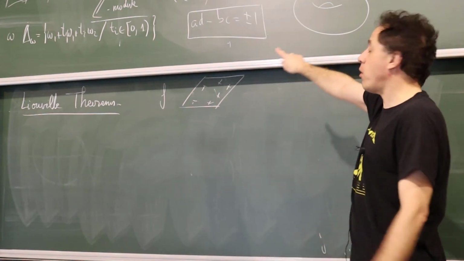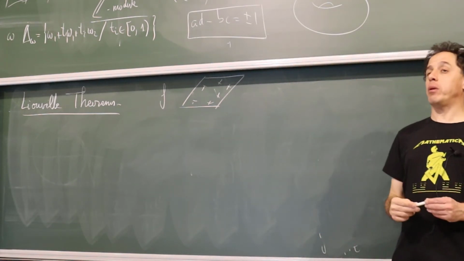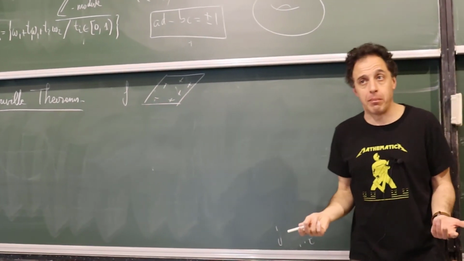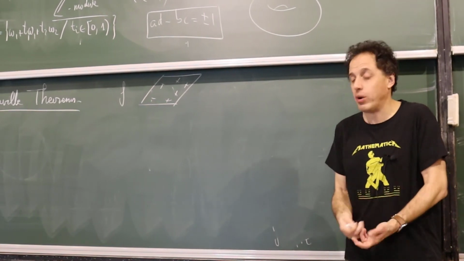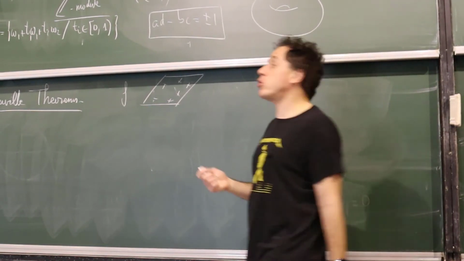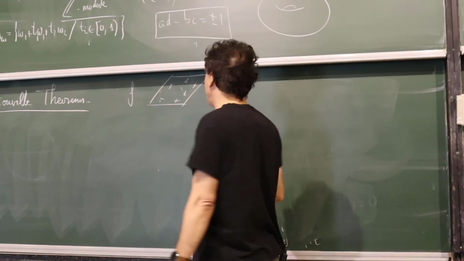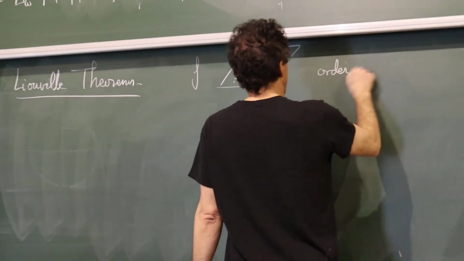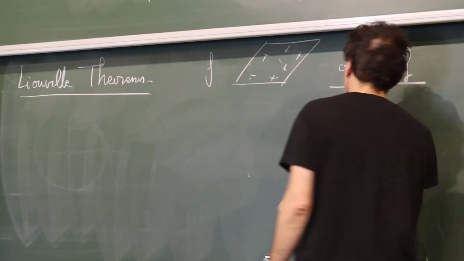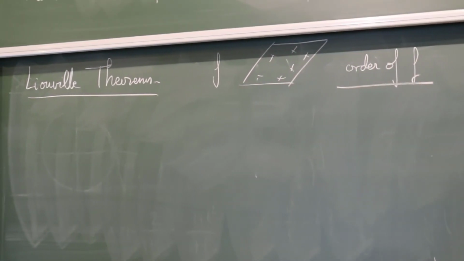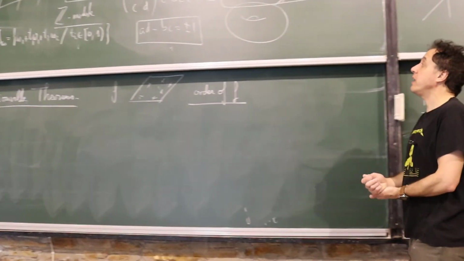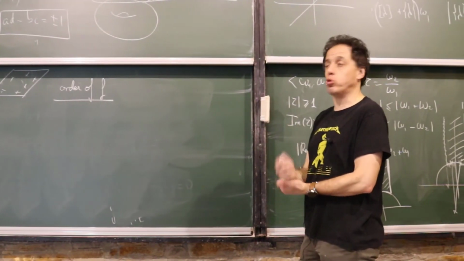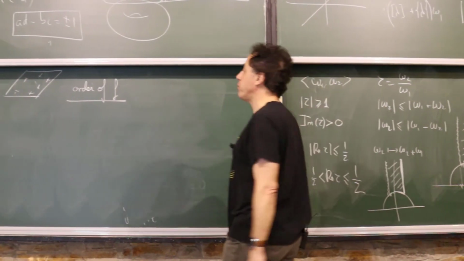If you take the sum of the orders of all poles on a fundamental parallelogram, you obtain some strictly positive natural number that is going to be called the order of f. So the order of an elliptic function is, by definition, the sum of the orders of all the poles f has in any fundamental parallelogram. By previous considerations, it is independent of the fundamental parallelogram you choose.